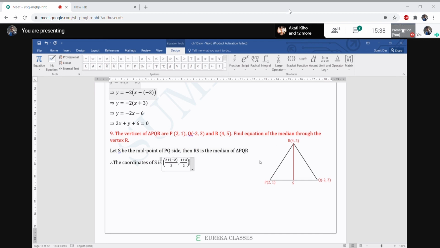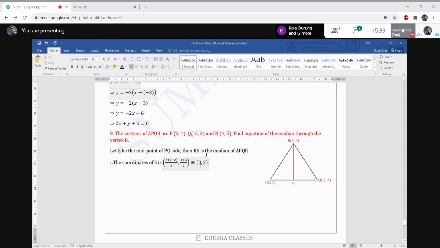If you simplify this one, look, 2 minus 2 is 0, 0 by 2 is 0, comma 1 plus 3 is 4, by 2 is 2. So the coordinate of S is 0 comma 2.